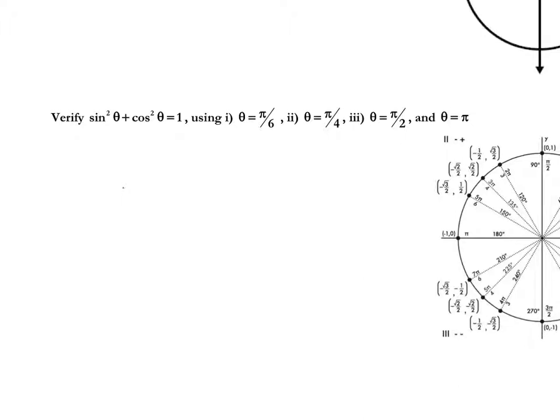So example number 1 is taking sine squared plus cosine squared of the angle pi over 6. So sine squared of pi over 6 plus cosine squared of pi over 6. Does that equal 1?